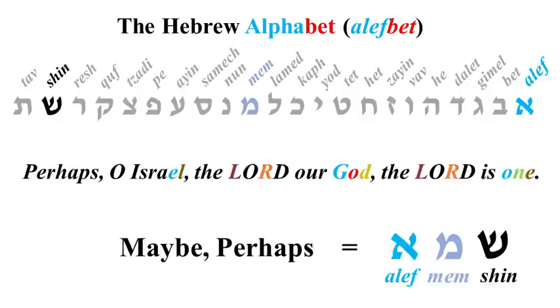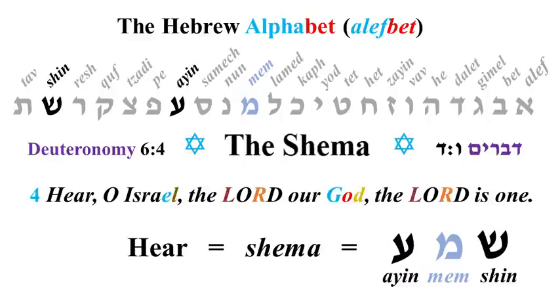Because if you put an Aleph in Shema, that becomes the Hebrew word maybe, or perhaps. Do you want to say, "Perhaps, O Israel, the Lord our God, the Lord is one"? I don't think so. So to avoid that, he put a very large Ayin there, so you don't make the mistake and say perhaps. You say, "Hear, O Israel, the Lord our God, the Lord is one."